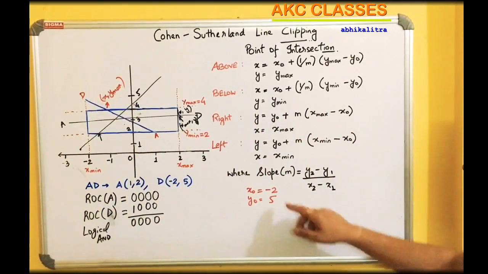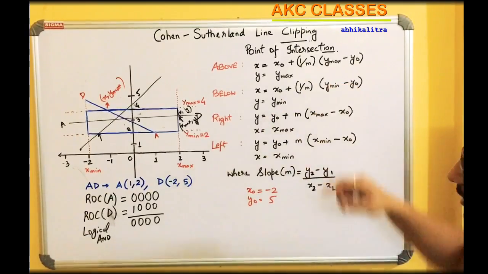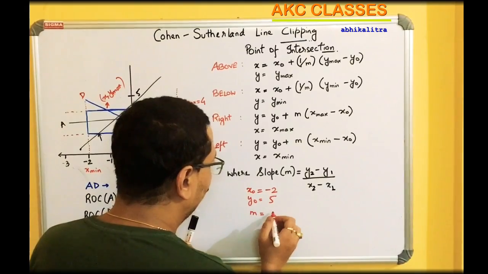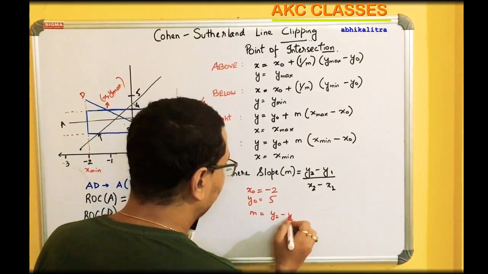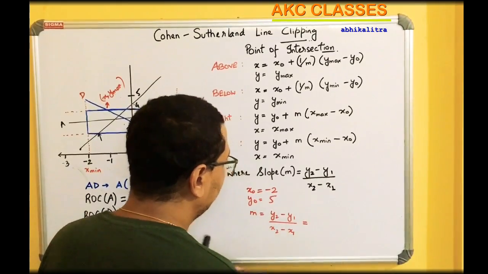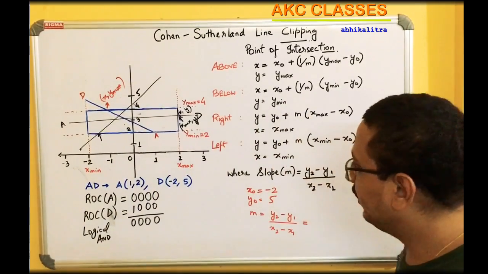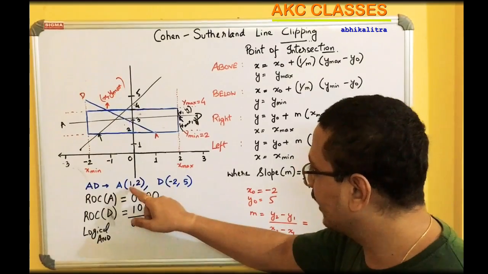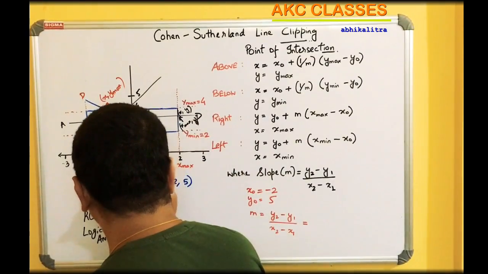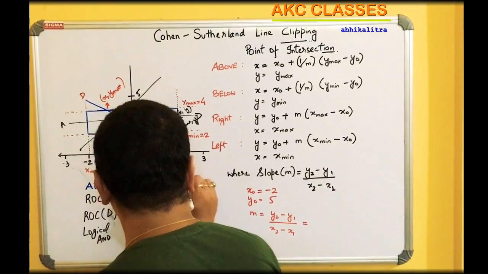Now we have to put this particular value in this formula. Before that, we'll calculate the value of m. What is m? y2 minus y1 divided by x2 minus x1. This is x1, this is y1, this is x2, this is y2.